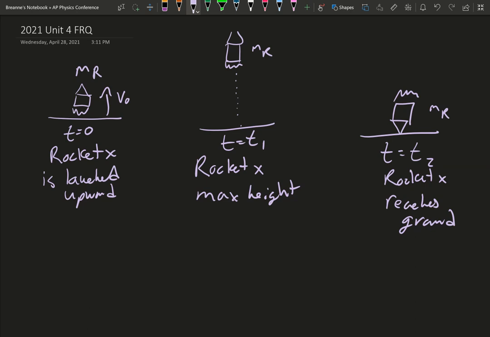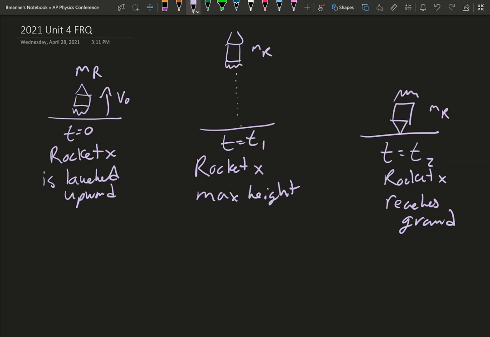The rocket continues upward until it reaches its maximum height at time t1. As the rocket travels upwards, frictional force is considered to be negligible. So that means there's no air resistance. The rocket then descends vertically downward until it reaches the ground at time t2.